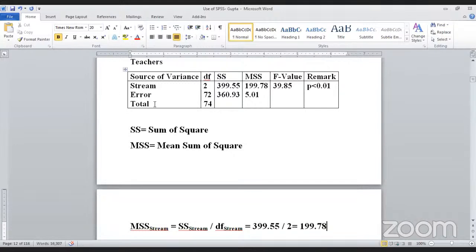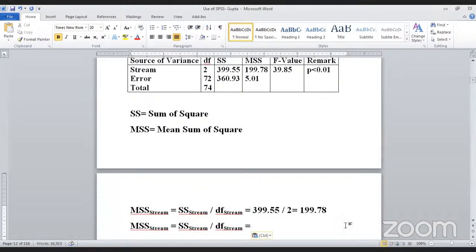Now, mean sum of square of error is equal to SS for error divided by degree of freedom for error.